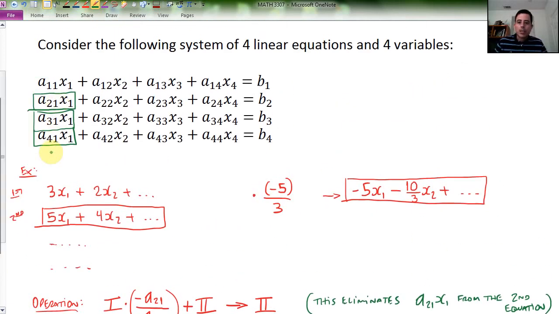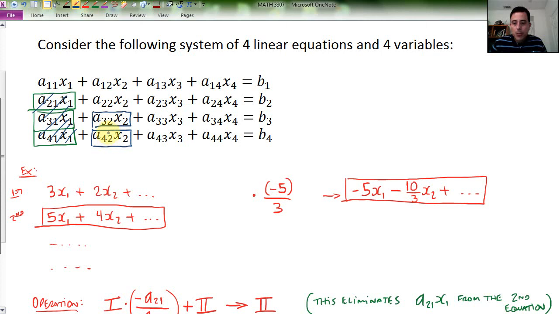So once we do that, then the next phase of the Gauss elimination is to work on these two coefficients here, or these two terms. Because at this point these terms here are eliminated, so we don't have to worry about those. So then we will eliminate these here.